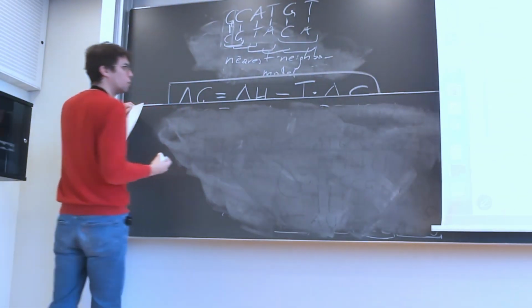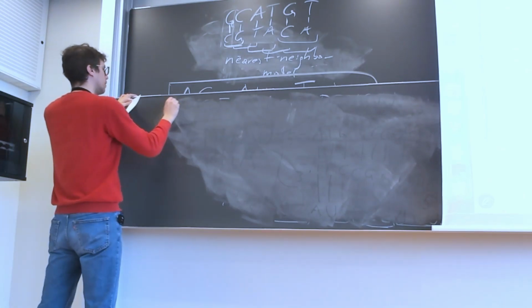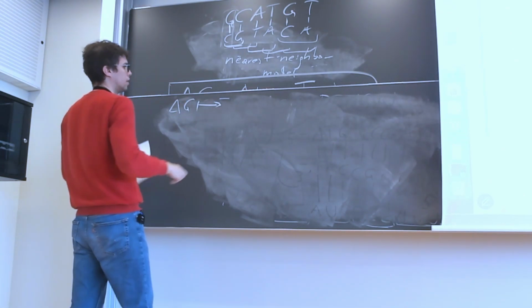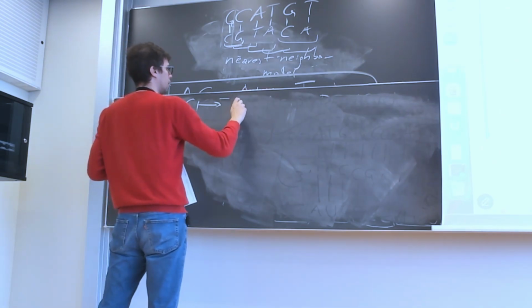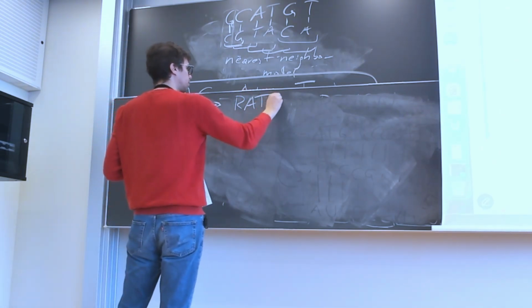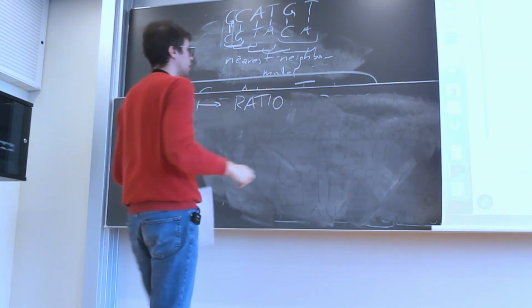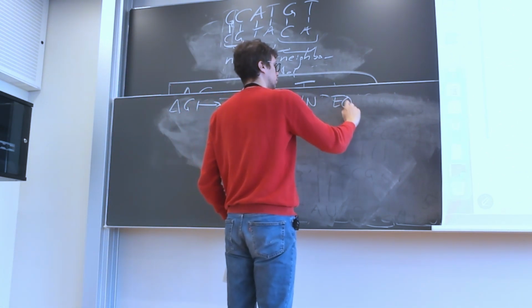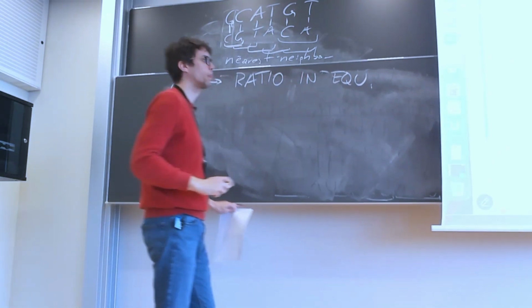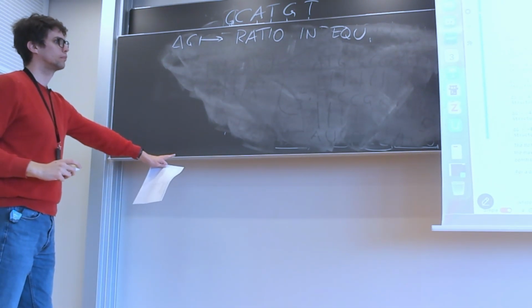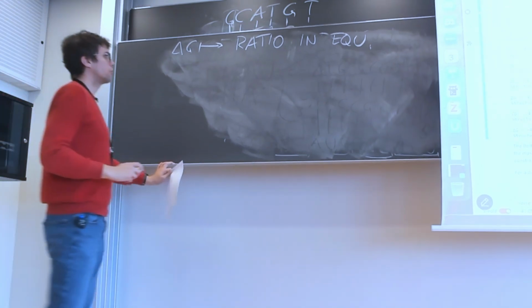So here we do the step from delta G to, let's say, the probability, or the ratio of this structure occurring in equilibrium. So what happens in equilibrium?